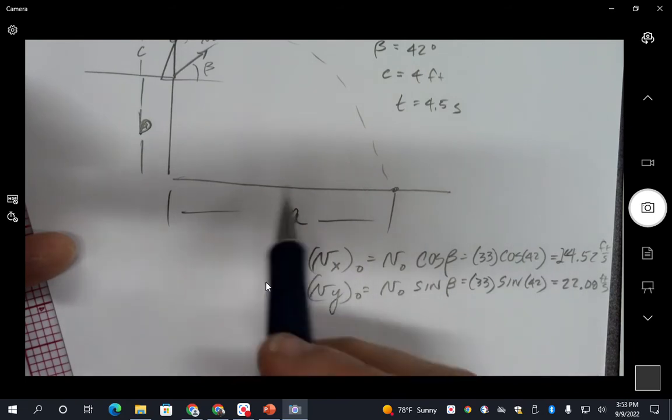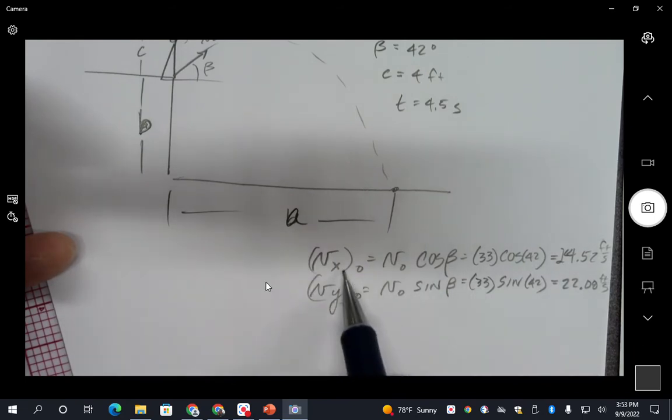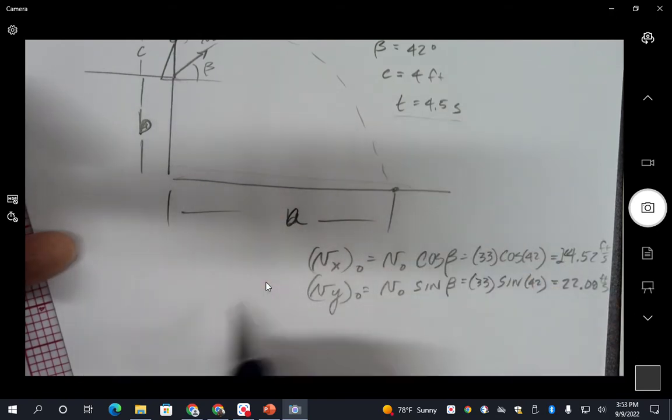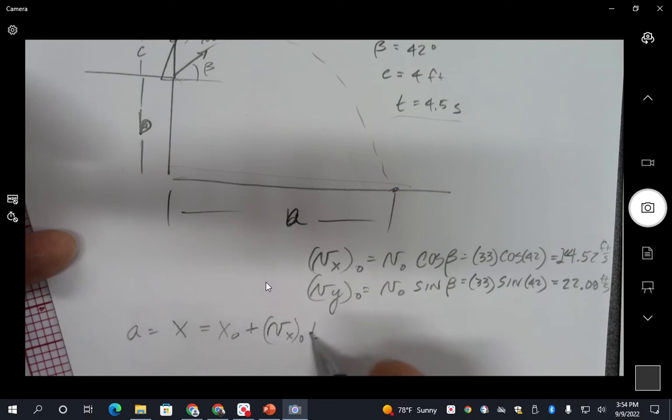Well, what can we use, right? It's a constant velocity problem in the x direction. So I can figure out A. I can figure out this distance because it's the same velocity and we know this time. So we could find that A is equal to x, which is its original position plus its velocity in the x direction times time. It starts out at 0.